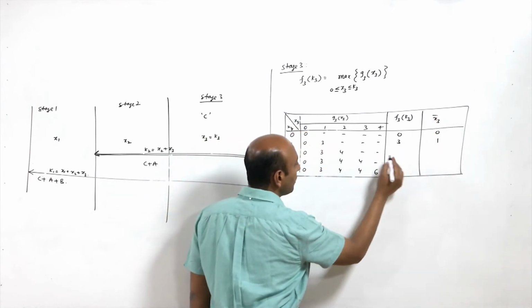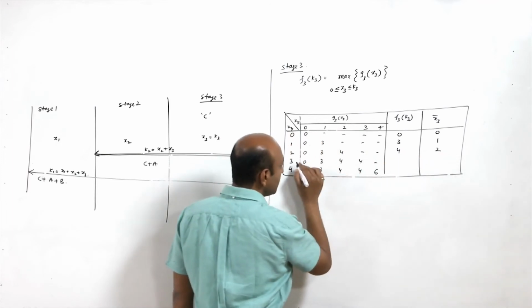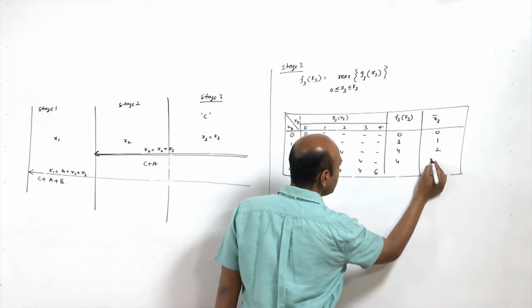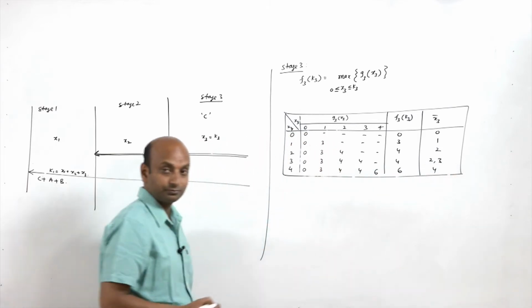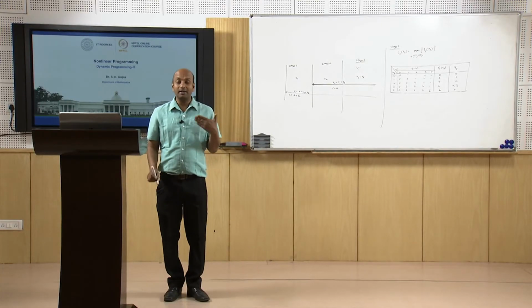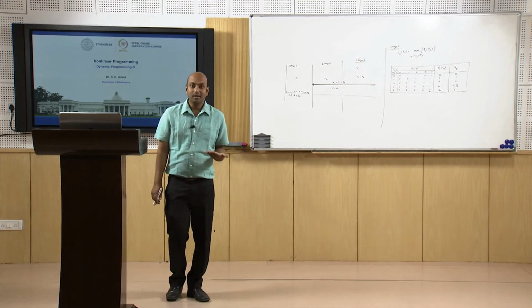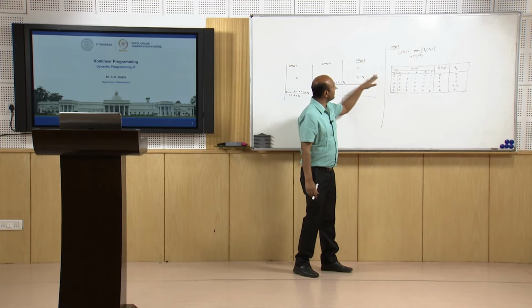This maximum is 4, at which X3? At 2 and 3. This maximum is 6 at 4. So this is the maximum return obtained from stage 3. Stage 3 means when all the money is to be allocated for plant C only.